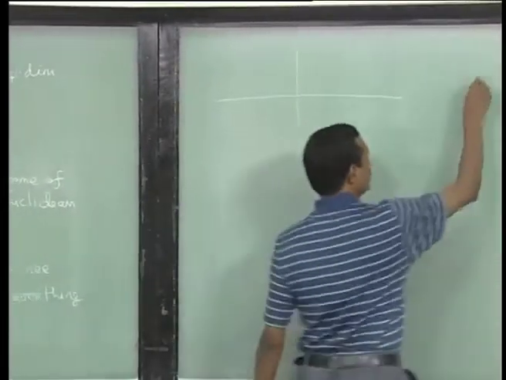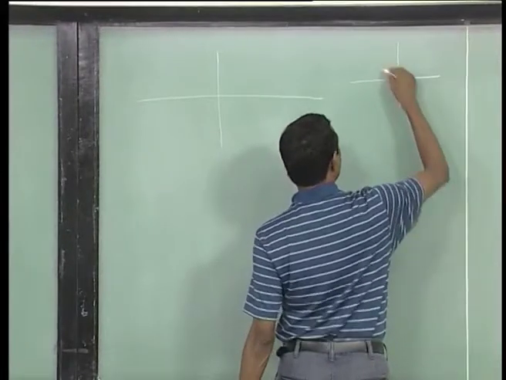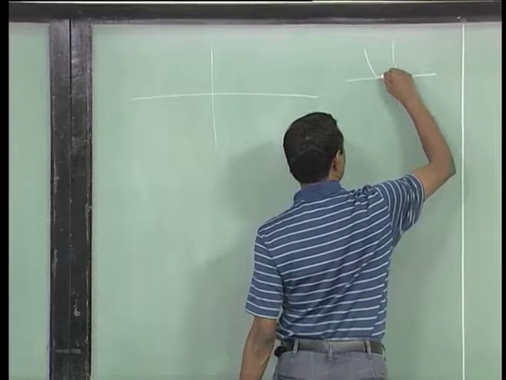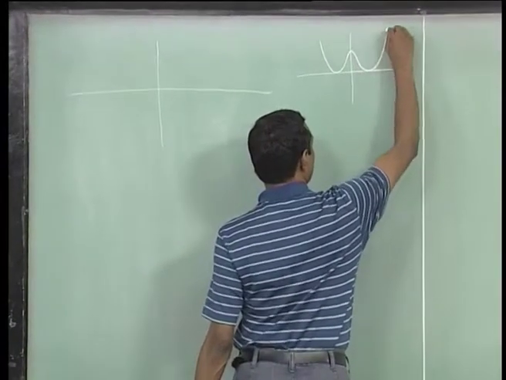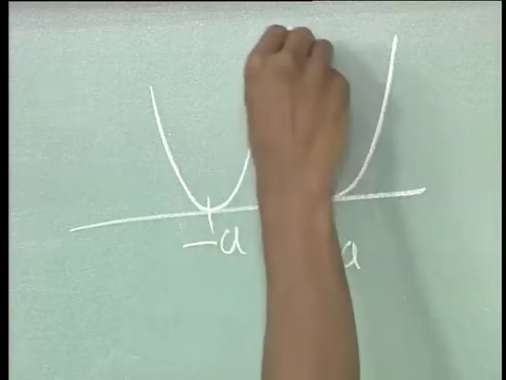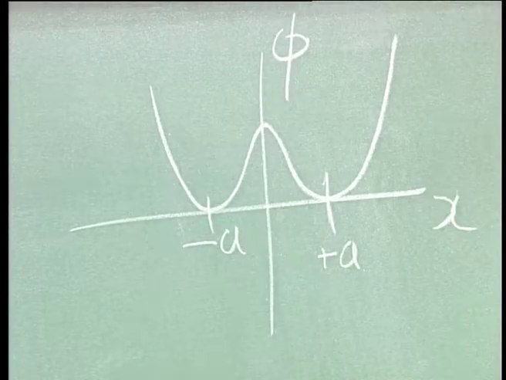So the potential was very simple, something like this, a double well, with minima at plus A and minus A, phi versus x.